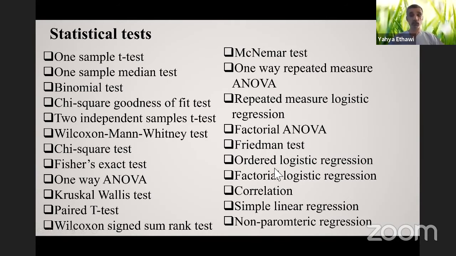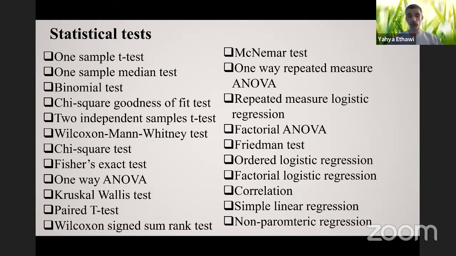So you can see there are different tests that we can use in probability testing, and they are used on quantitative data, and the selection of the type depends on your type of data, the type of the study, and the aim of the study.